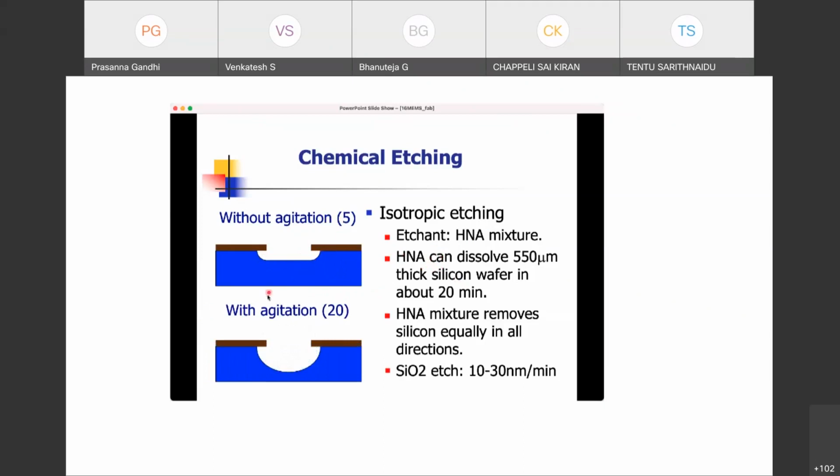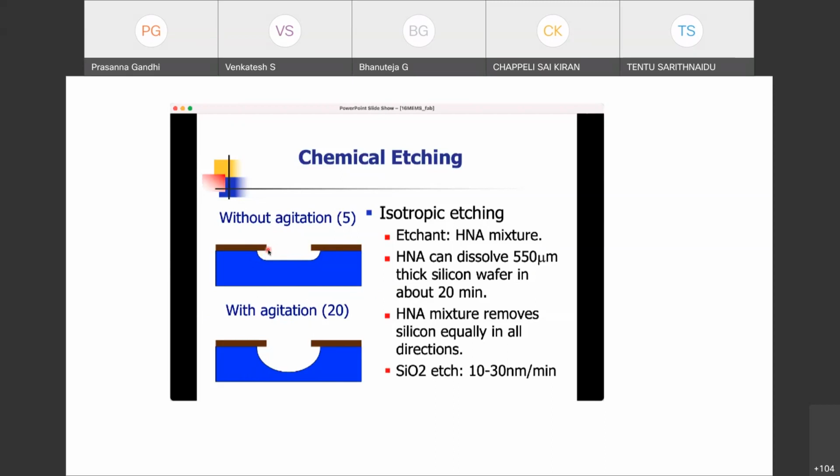And if you see, there is typically a feature called undercut that will happen. So you'll have the cutting happening below the mask. Depending upon how much time of exposure you have, you know how much undercut is going to happen, so you can create a mask which will compensate for this undercut. That is a possibility that exists.